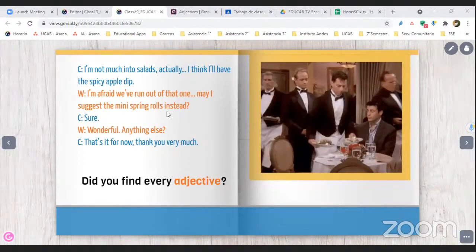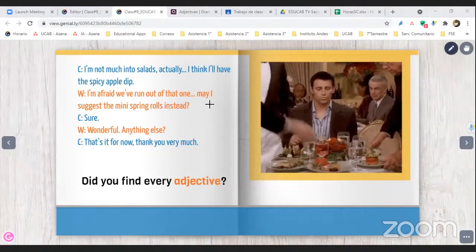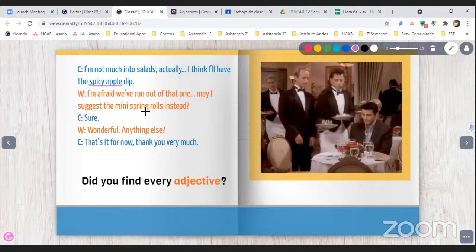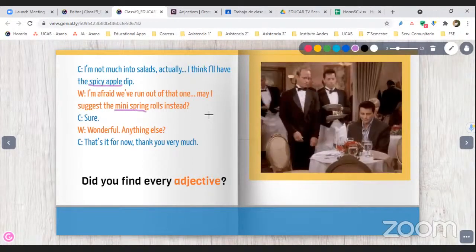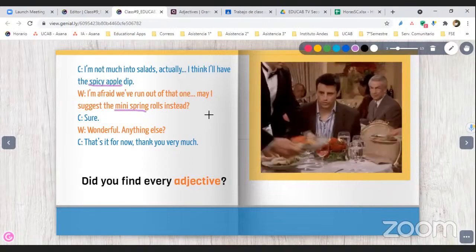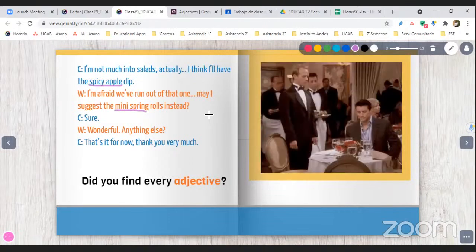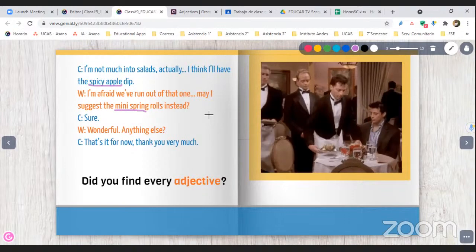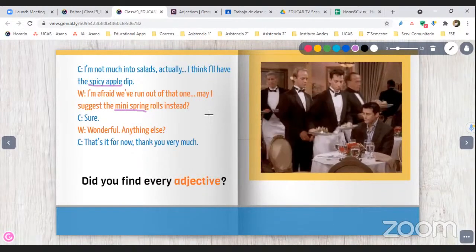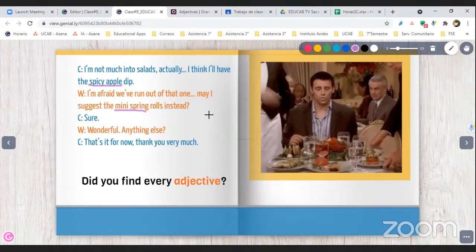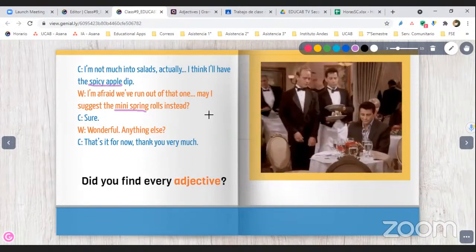Okay, good, because we're describing the noun rolls. So mini spring is describing the rolls, okay? So good. Then the customer says, sure, and the waiter says, wonderful. Anything else? And the customer answered, that's it for now. Thank you very much. Okay, good.